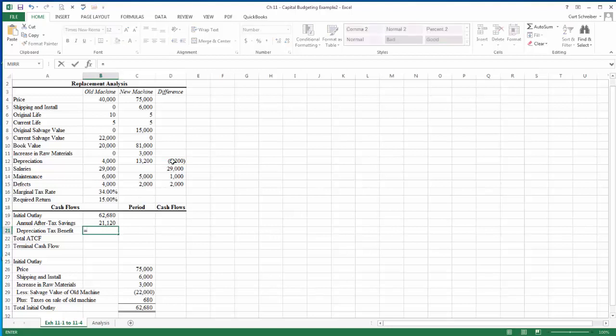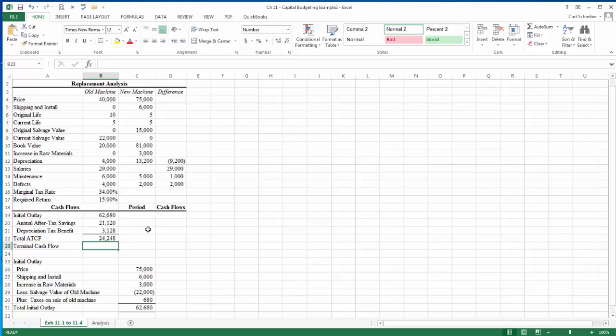So equals a negative is a positive, multiplied by 34%. We will save an additional $3,128 because of this depreciation up here. And so therefore our total annual after-tax cash flow is going to be the sum of these two items. So click on Auto Sum, highlight those two items, and hit Enter.